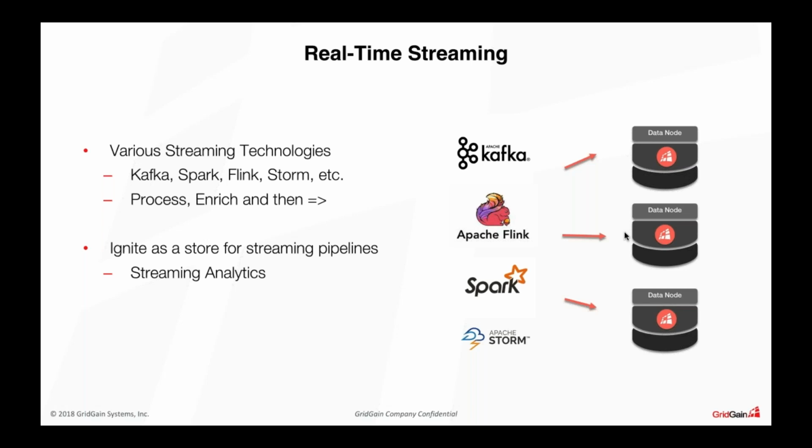So what we have with Ignite. When it comes to streaming, you can use Ignite as a storage for streaming pipelines. What does it mean? Again, it means that Ignite can easily accept endless streams of data, giving you a way to process them in real time.